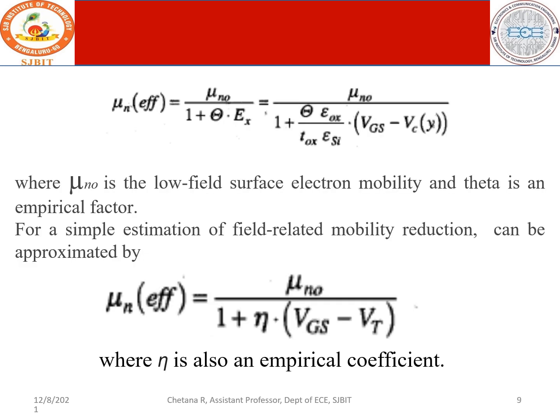This whole thing is further simplified. And what exactly is the representation for mu n naught? It is the low field surface electron mobility, and theta is called the empirical factor. So once you simplify this, it can be given by mu n naught over 1 plus eta into (VGS minus VT), where all these expressions are considered as standards or can be neglected, and the whole final expression is like this, where eta is called the empirical coefficient.